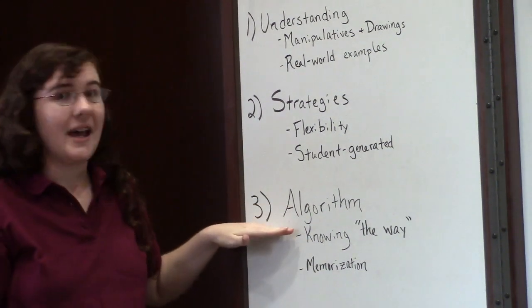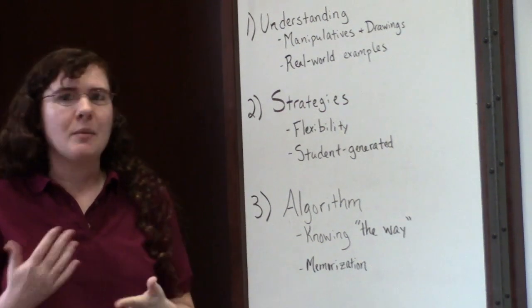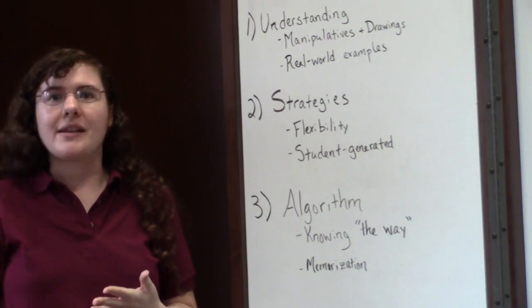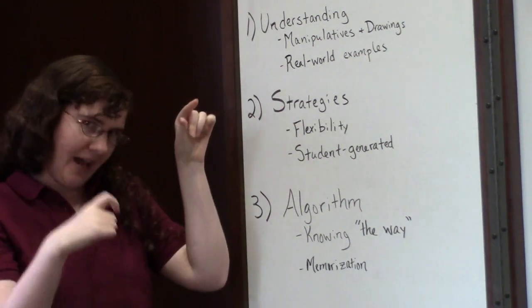Eventually, you'll get to the algorithm. That's knowing the one right way of doing it. If you were adding double-digit numbers, that's when you learn how to carry. If you were multiplying, that's when you know to put this number on top of that number.